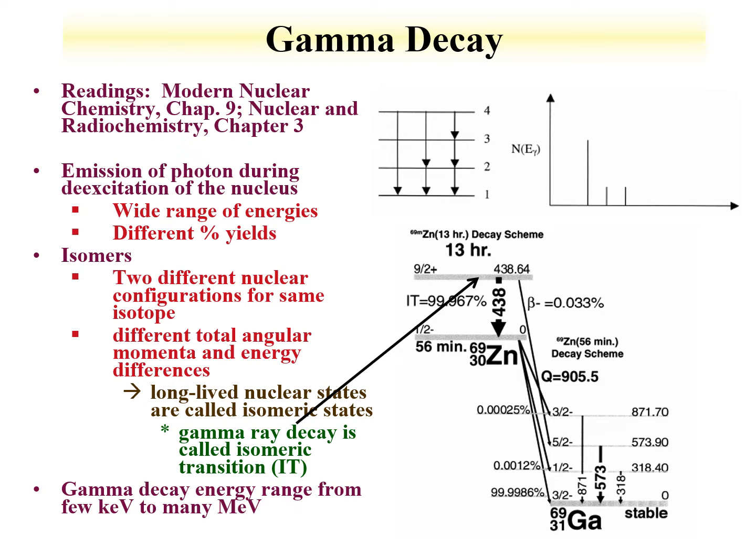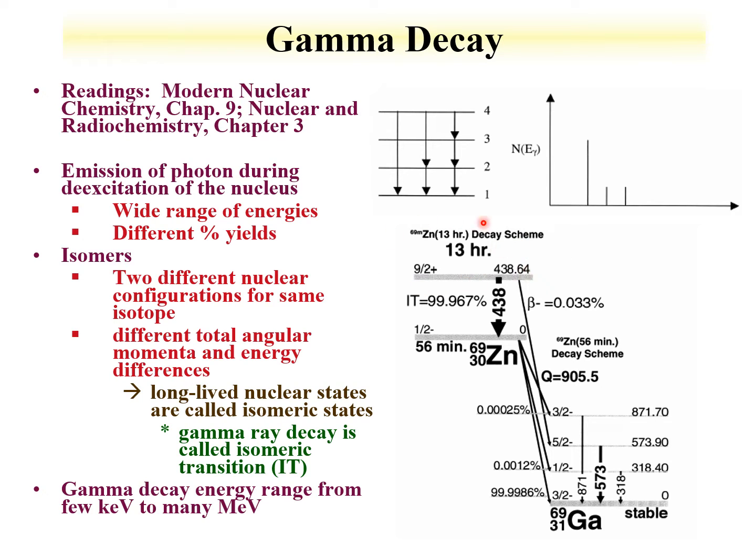In other words, if you could align the nucleus, certain nuclei properties would dictate that certain gamma lines will emit in defined angles. So gamma decay is the emission of a photon during the de-excitation of a nucleus. There are a wide range of energies and different yields from virtually 0 to 100%. We've already discussed isomeric states, and here's an example of an isomeric state, zinc-69m, where it has an excited nuclear state.